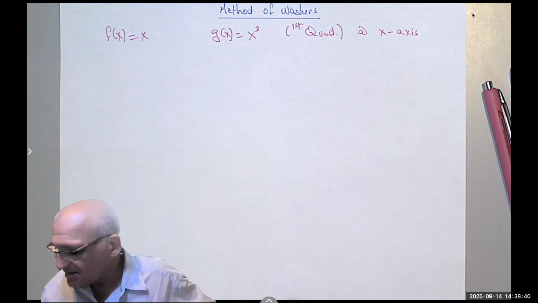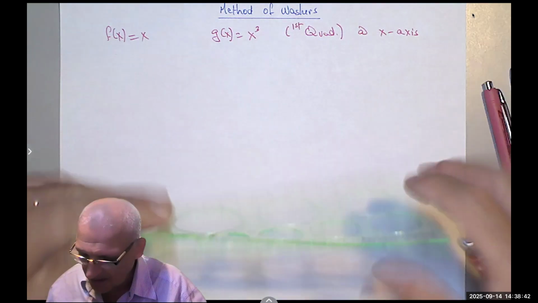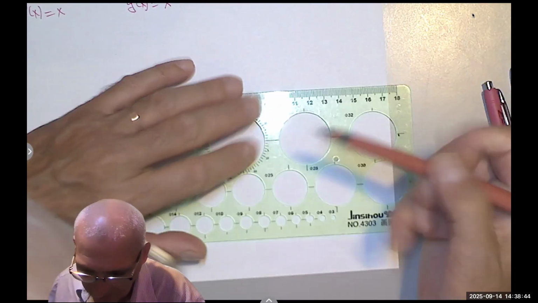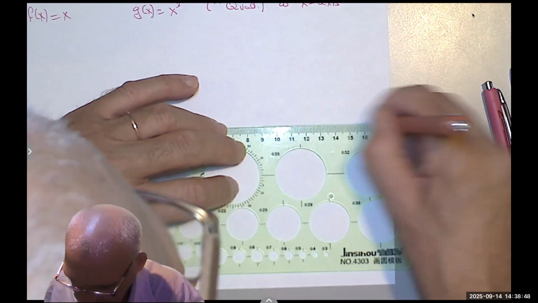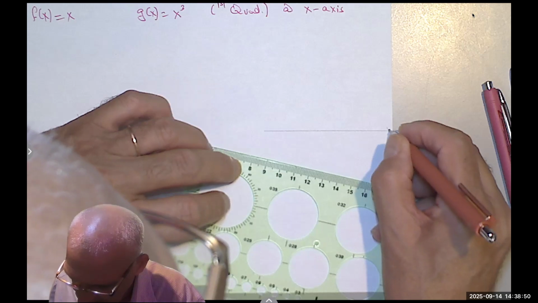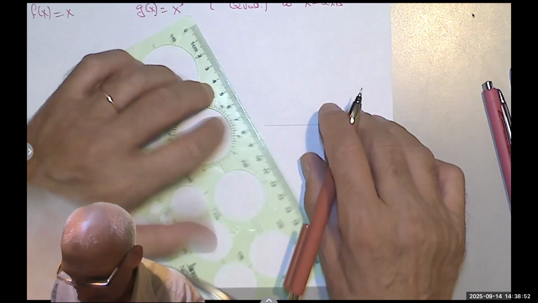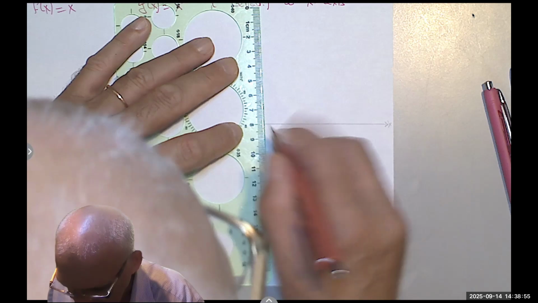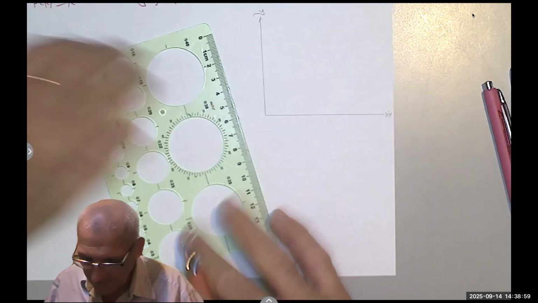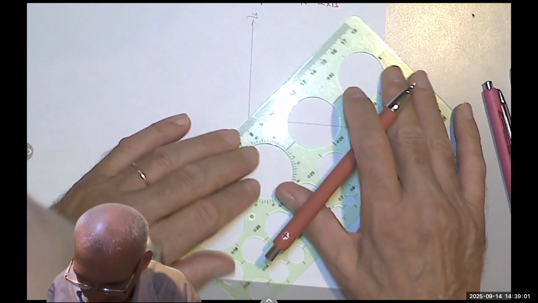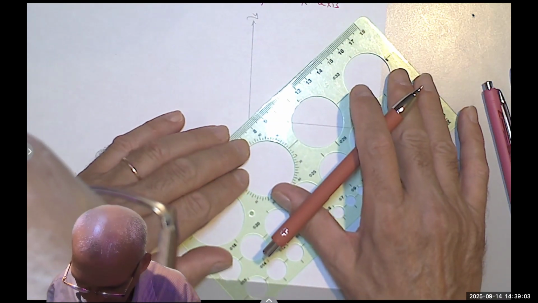So first, let's draw these graphs. We are in the first quadrant, so I'll draw the x-axis and y-axis. F of x is a straight line at 45 degrees, roughly.